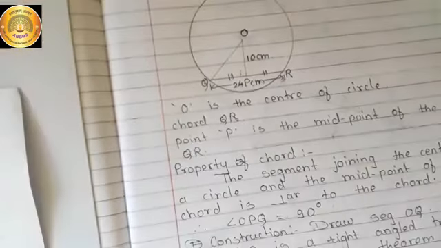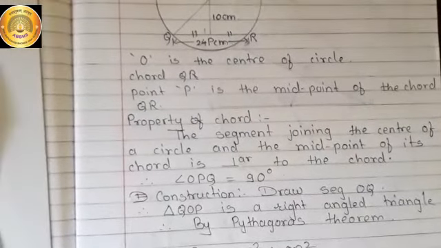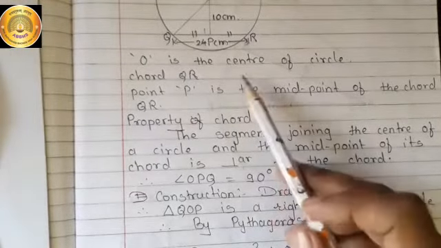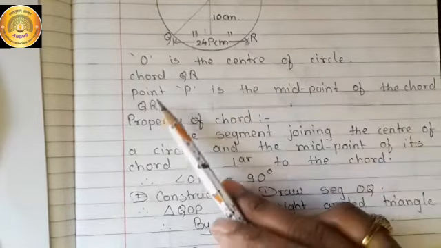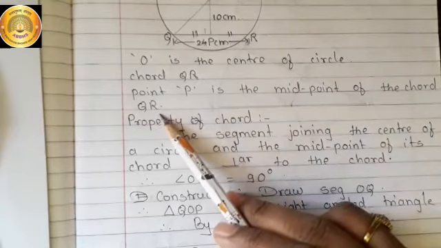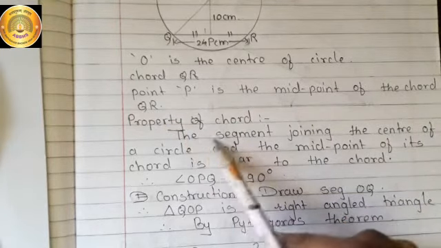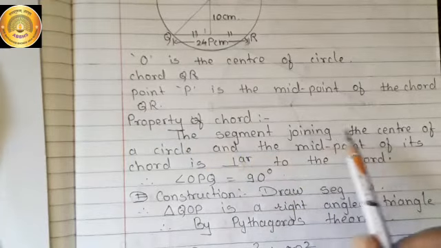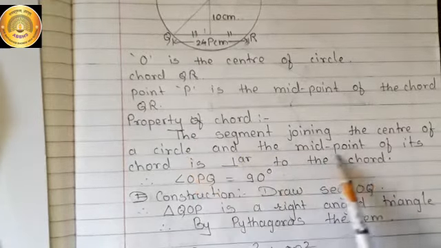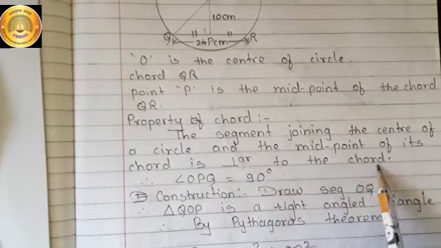So see, we'll write the first description of the figure, that is, O is the center of the circle, point P is the midpoint of chord QR. Now we are going to apply the property of chord: the segment joining the center of the circle and the midpoint of its chord is perpendicular to the chord.